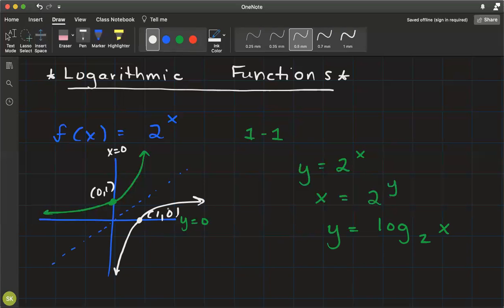So this is just a very brief introduction to logarithms. So this equation right here, which is f inverse of x, it's log base 2 of x.